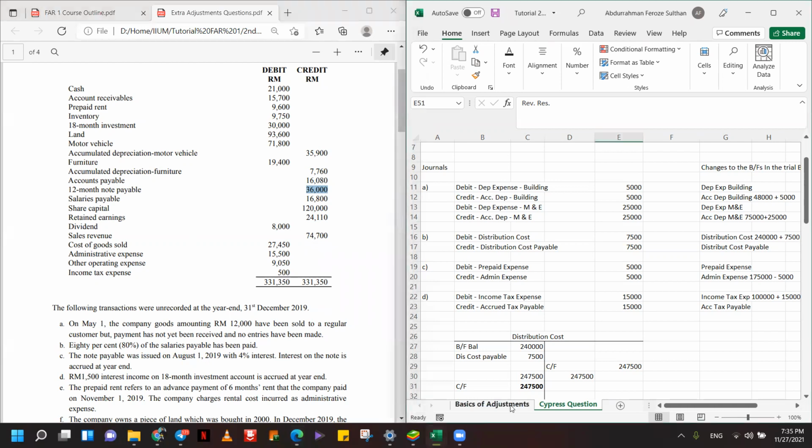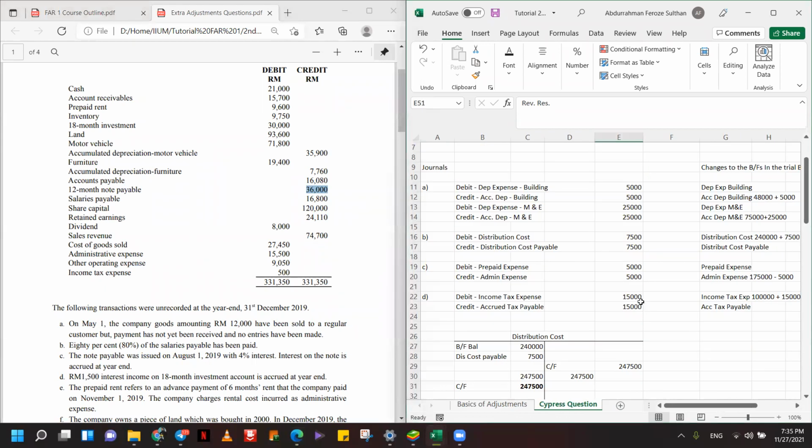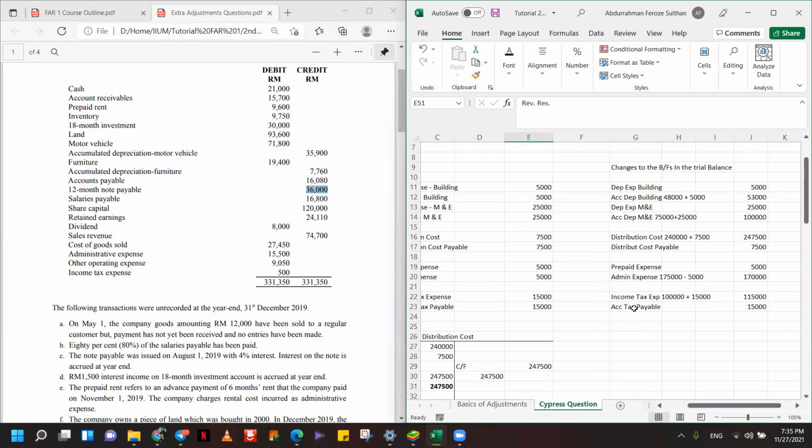So what we have here is accrued expenses. Accrued expenses is a current liability. So what you would do is, this was an accrued expense, so accrued interest payable is credited, and interest expense would typically come under other operating expense.